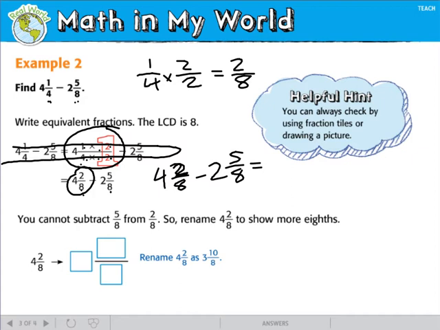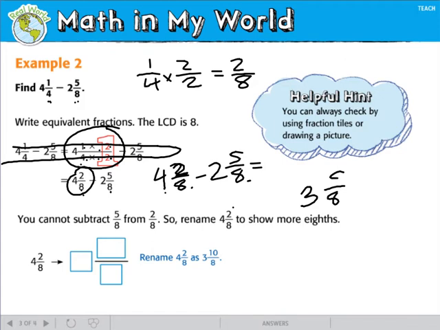I'm going to take my 4, and I'm going to make it 3 with a fraction that's equal to 1. What's that fraction that I'm going to use? What denominators do I have right now? Oh, 8 over 8.